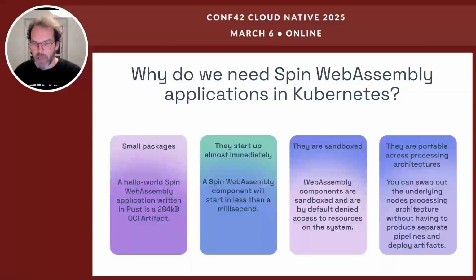And finally, you have the portability across processing architectures and operating systems, which means you can swap out the underlying node processing architecture without having to produce separate pipelines and deploy artifacts, meaning that the same OCI image could run across x64 and ARM64 devices. So if you're able to use some of those in your cloud environment or other environments where you run Kubernetes, you don't need to deal with multi-arch images and all these multiple build pipelines.